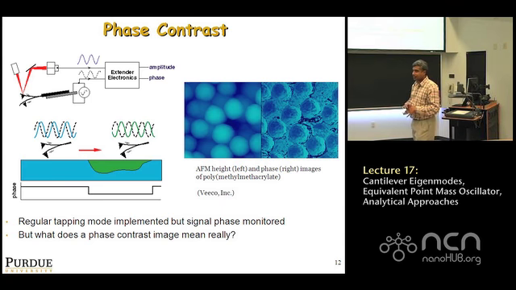So from the early days, it was recognized that there was a channel available to us in AFM for mapping properties of a surface along with topography. So not surprisingly, it became one of the big areas of research because there's only so much you can do with topography. You always want to know more about your sample, right? You want to know how sticky it is, how bouncy it is, how soft it is, and so on. So this is the channel that offers you that possibility of mapping properties.